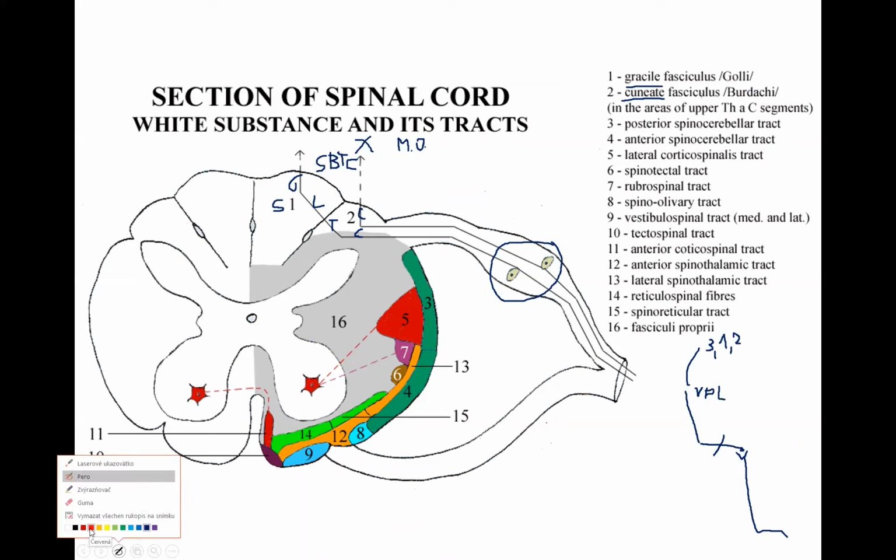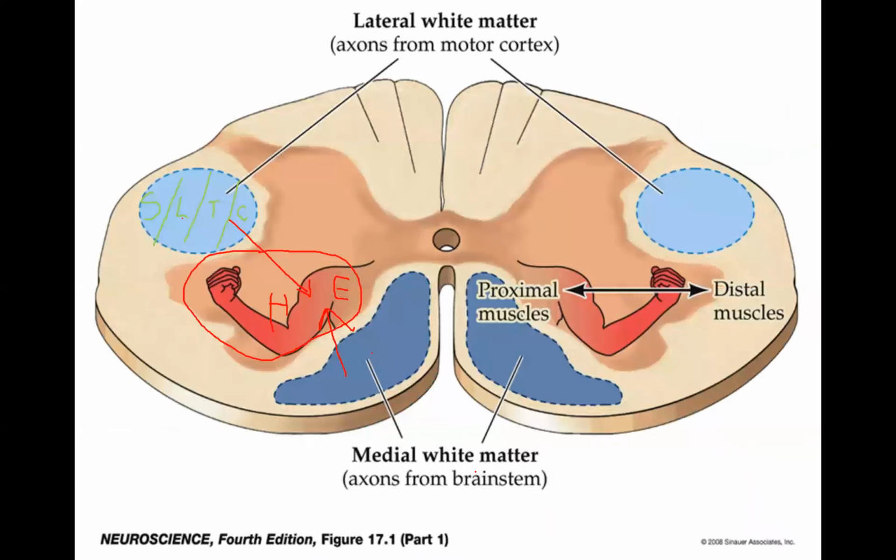Then the other, for example, the spinothalamic, anterior and lateral spinothalamic, for fast pain, crude touch, hot and cold, which we find here, this one and this one. So it also enters the spinal cord, but then it's synapsed in the proper nucleus.